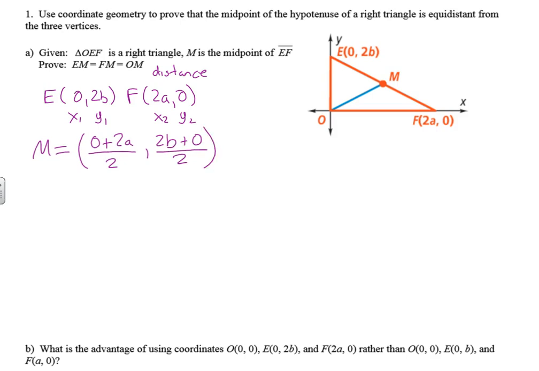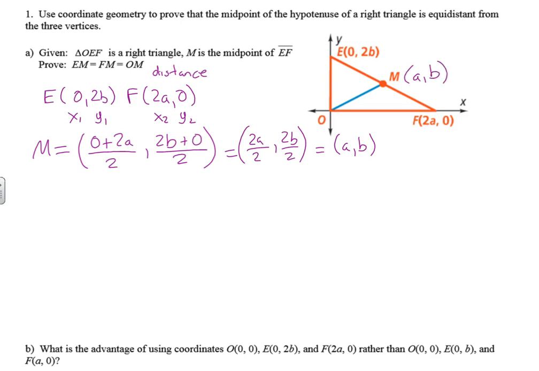That's the midpoint formula: x1 plus x2 divided by 2, comma, y1 plus y2 divided by 2. Add and divide by 2. All right, so 2a over 2, comma, 2b over 2. That reduces to a, comma, b. So M is a, comma, b.